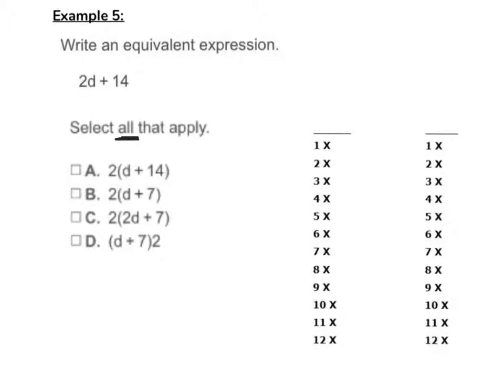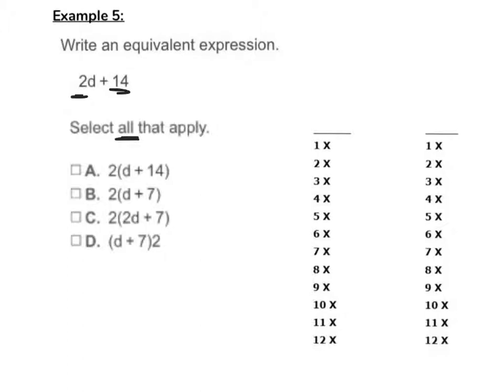So I need to go through and look at my whole numbers, and I need to do the reverse distributive property. And the reason why I have to do the reverse distributive property is because this is my final answer, and I need to work backwards to figure out what my original expression looked like.